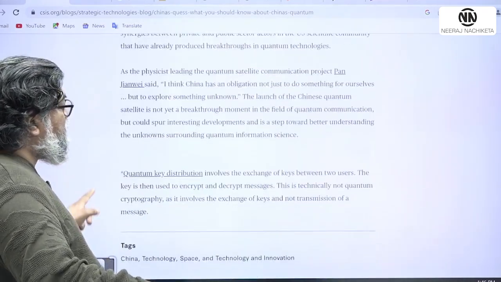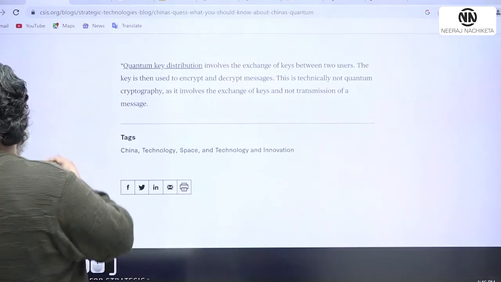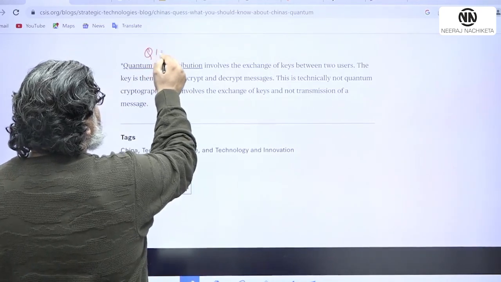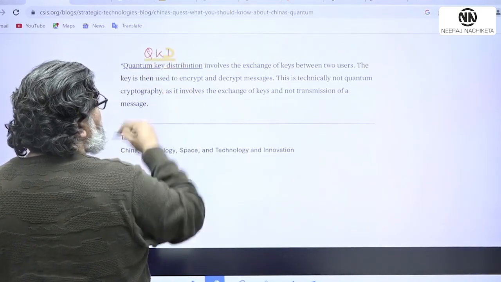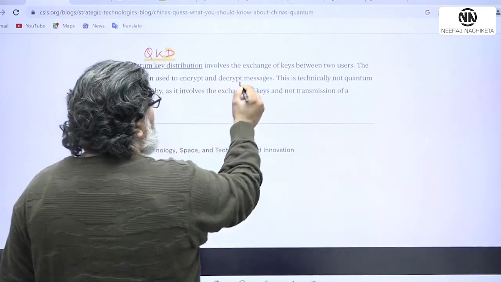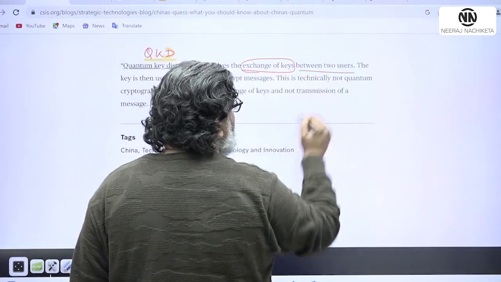This is quantum key distribution. This is very important. What is quantum key distribution, QKD? It involves the exchange of keys between two users.